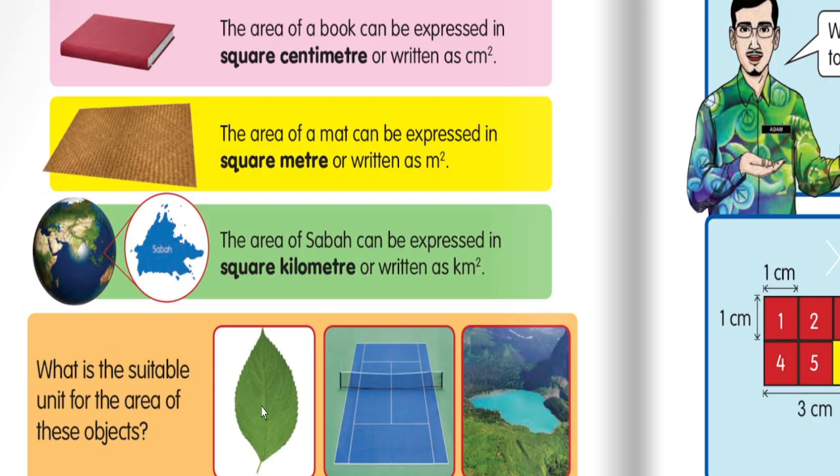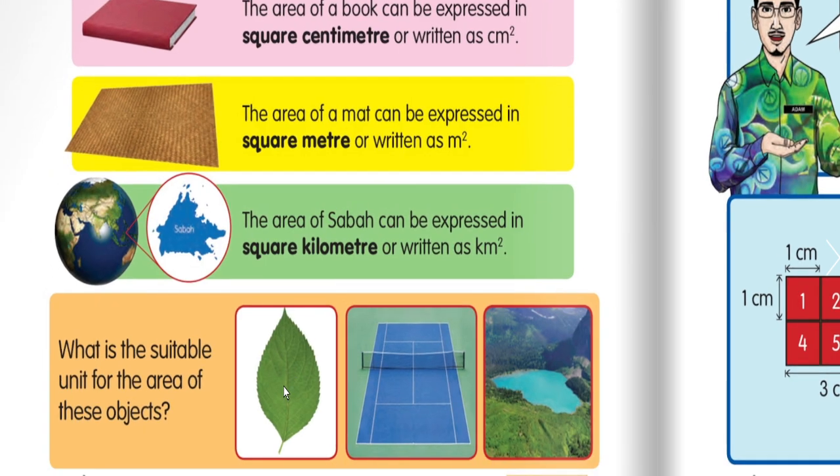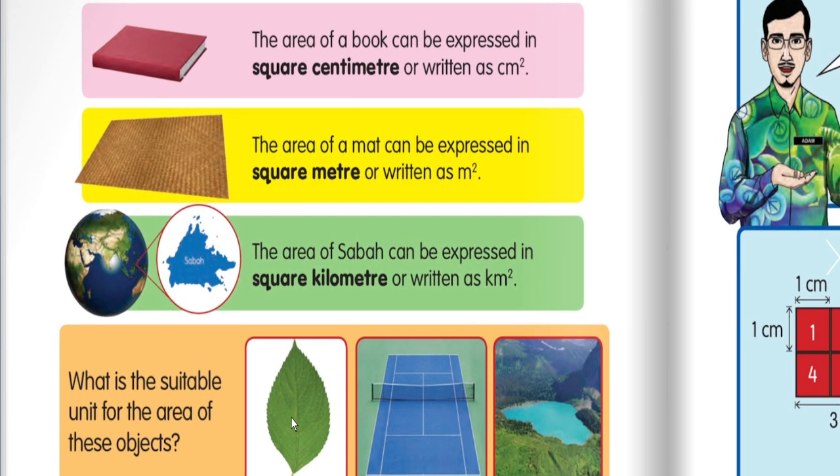Leaf, I think, like one raindrop, so 1 millimeter. Milliliter? No, I'm asking, this is for area. Liter we use for capacity or volume.